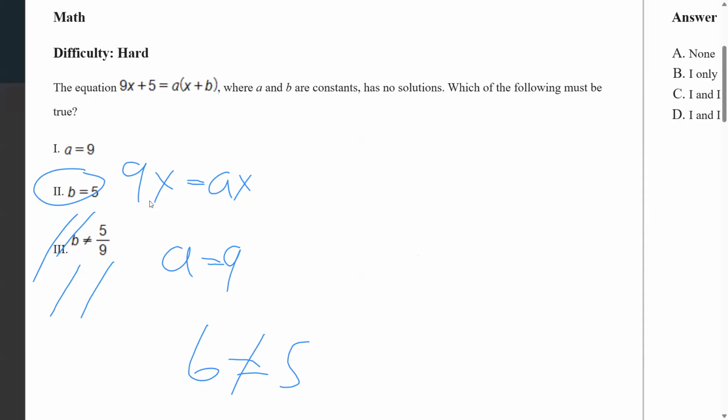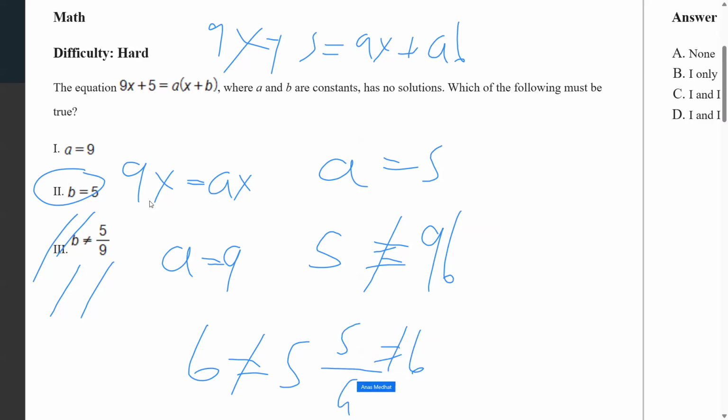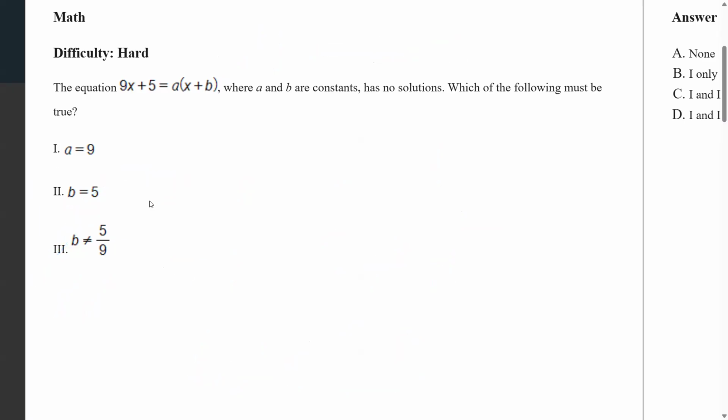Now let me solve it with 9x plus 5 equal to ax plus ab. So a is equal to 9. 5 should not be equal to 9b. Now b is not equal to 5 over 9 is correct. Okay. So the first and the third one.